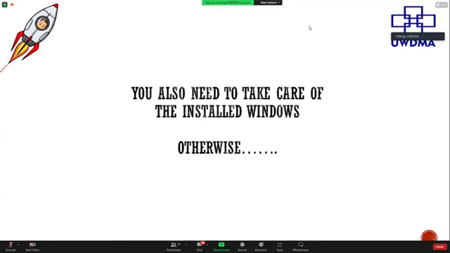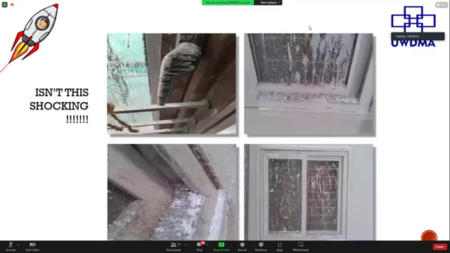Then you can test it. But after installation also, please do take care, because sometimes you do your best work at the site, and then the site work is still going on, and this is what happens to your window. Okay, so it's better that you confirm with your client that all the other things are done and your windows are installed at the end.